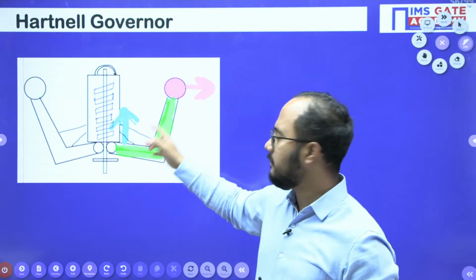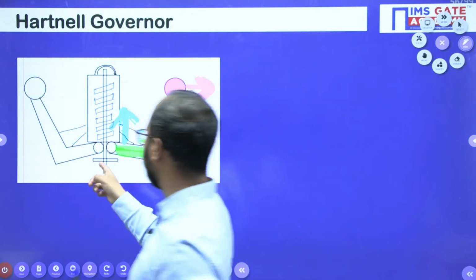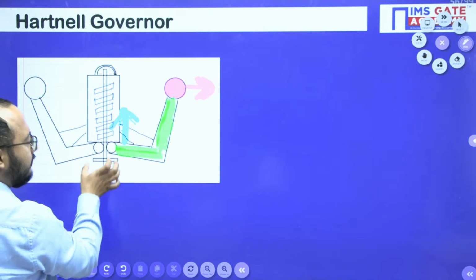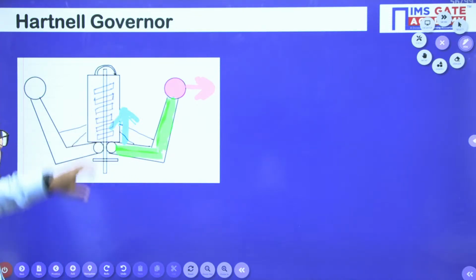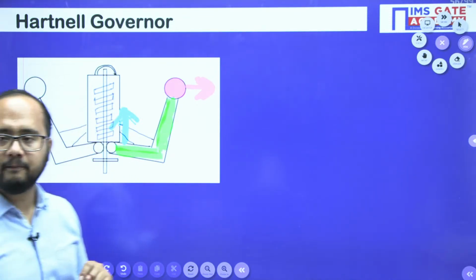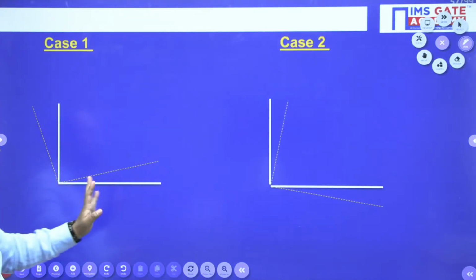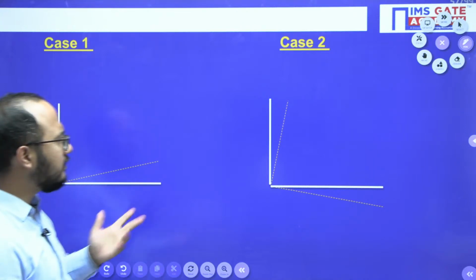As the speed of rotation of this spindle increases, the ball movement will be high, and because of that this sleeve will move upwards, and there will be compression in the spring, right? Two different cases will be there. Case 1 and case 2 I have mentioned here.